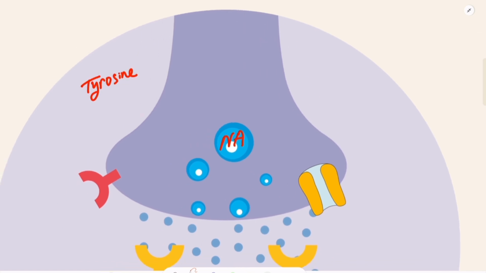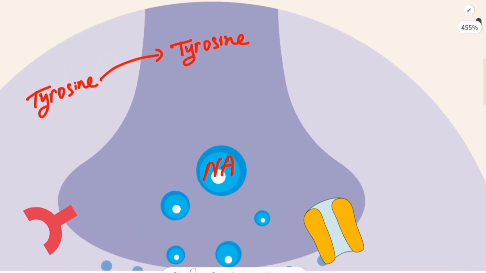So, the first step is that tyrosine comes from outside. Then tyrosine is converted to dopa by an enzyme called tyrosine hydroxylase. This is the rate limiting enzyme in the formation of noradrenaline.